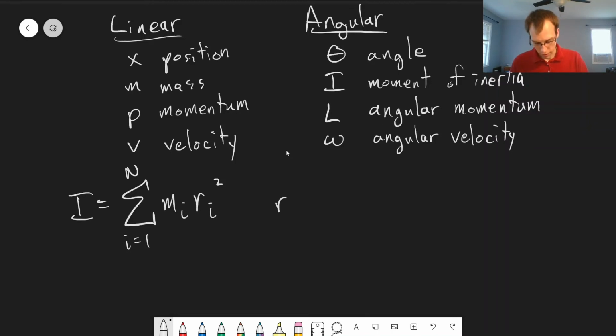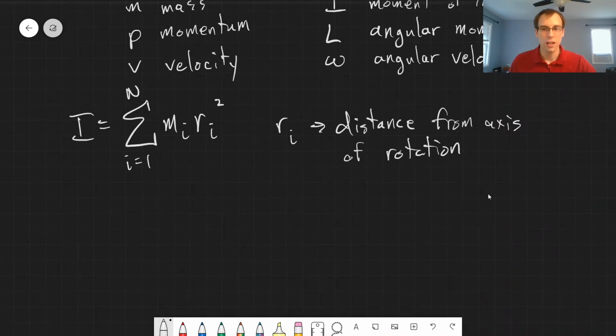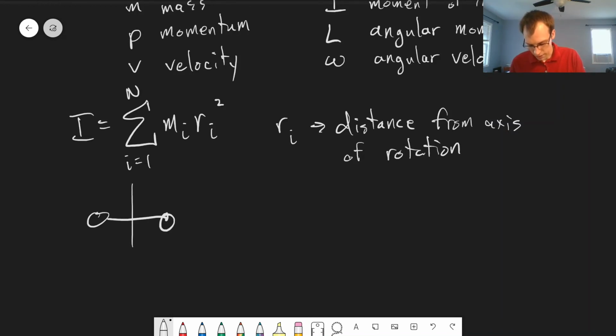So r sub i is the distance from the axis of rotation. If you've taken physics, you may have calculated moments of inertia for different types of objects. In this class, we're going to look at just one type of object, a diatomic molecule rotating about this axis here.